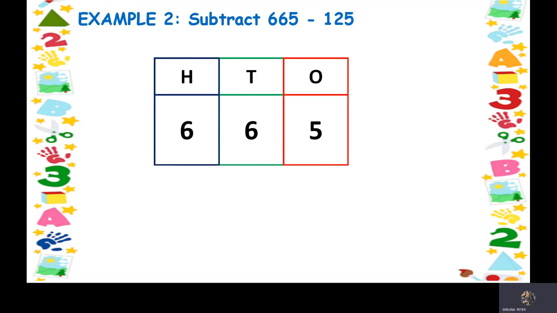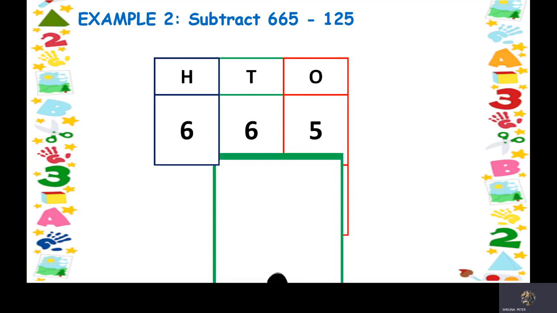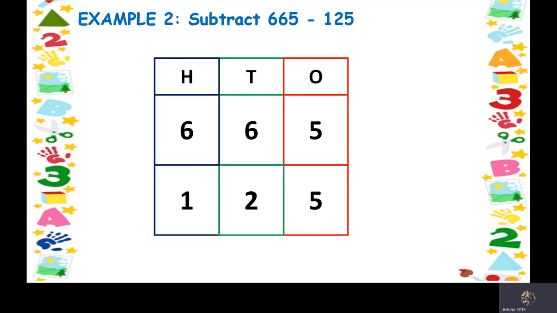Then write the next number, 5, 2 and 1. Put the minus sign. Then start subtracting the numbers from the ones column.